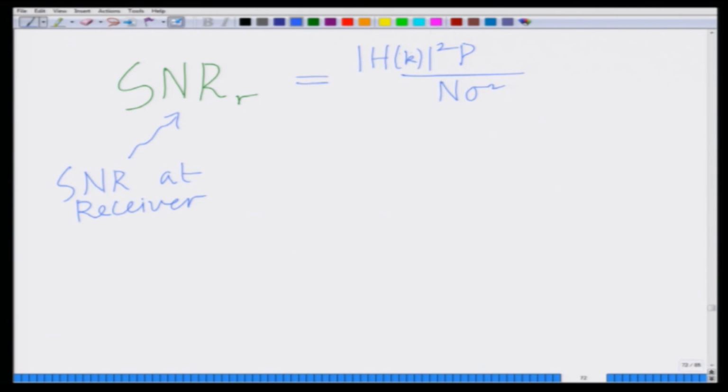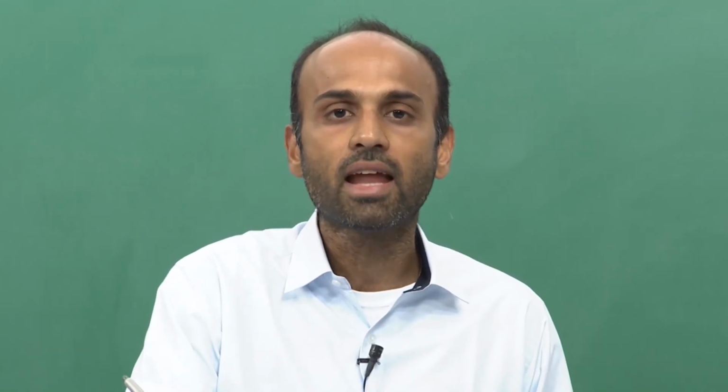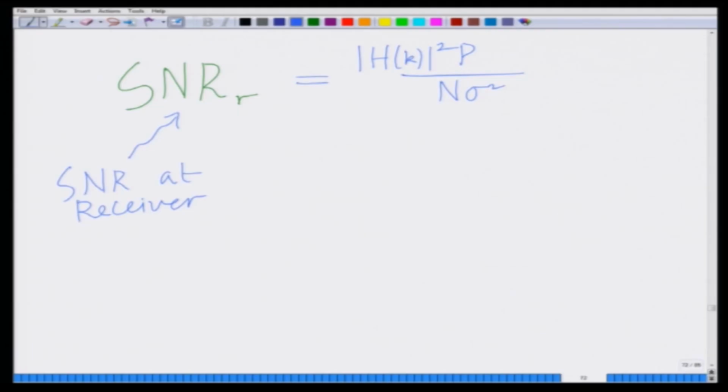But the average power of magnitude of capital Hk square is capital L. So there is an SNR scaling by L. The way to talk about this is that the average of the received SNR is L P divided by n sigma square.